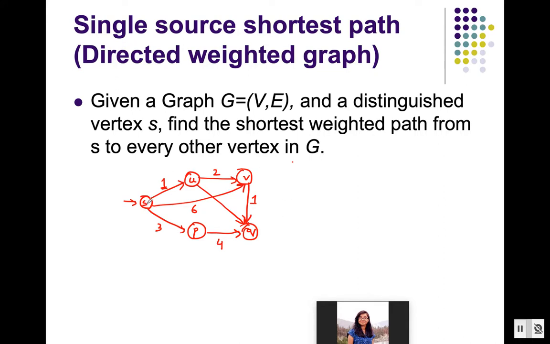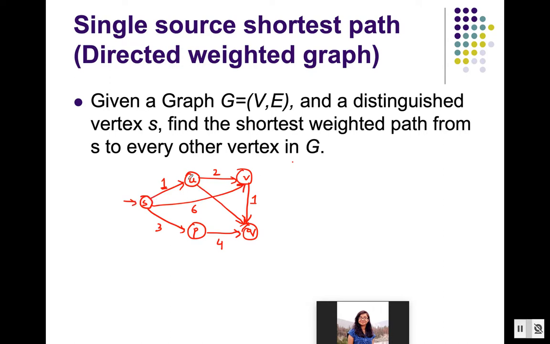In this graph, to reach from one node to another node there could be multiple paths. For example, from S to U there is a directed path, and I think this is the only path in this graph.